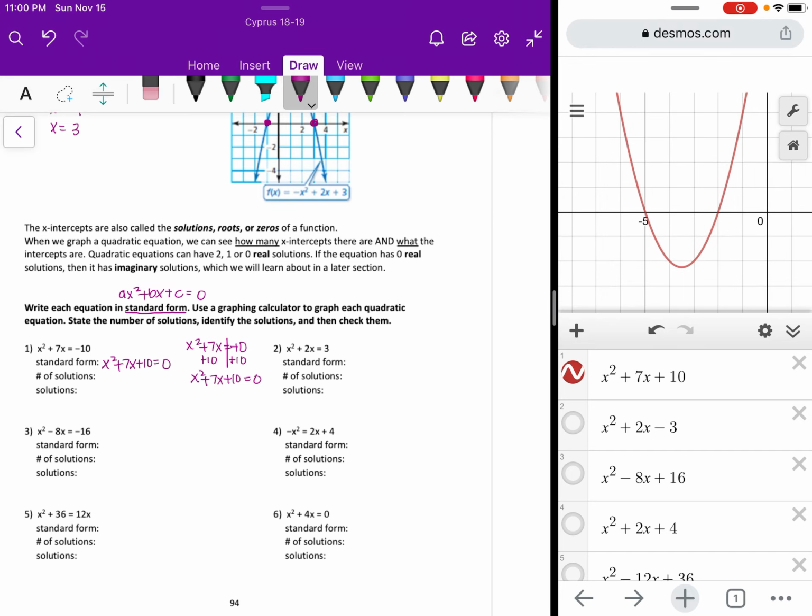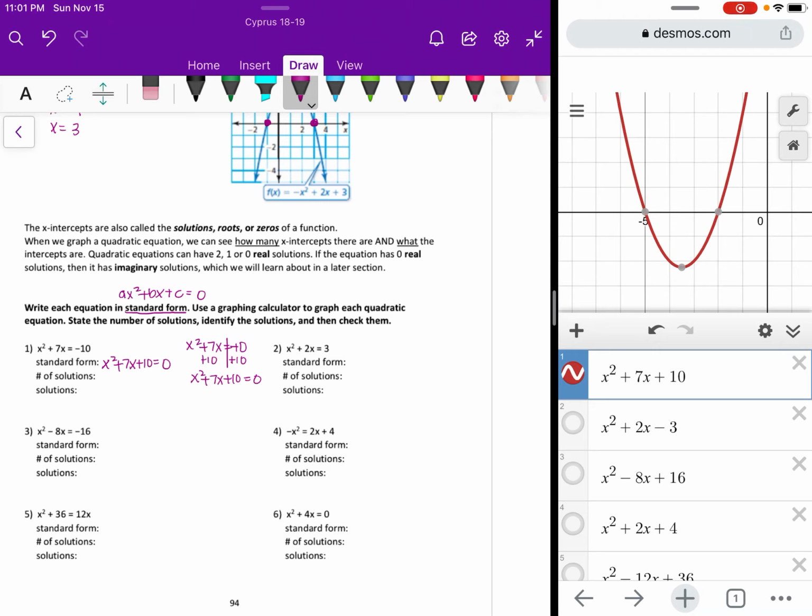Over here on Desmos, I actually have it graphed already, but if you are on your Chromebook, go ahead and pull up Desmos and graph that equation. If you touch or click on the graph, you'll see that it pulls up the important points there in gray, those gray dots. With this parabola, we can see that it has two different x-intercepts.